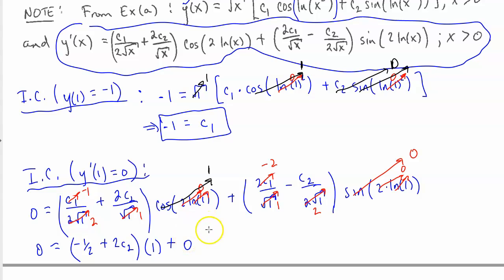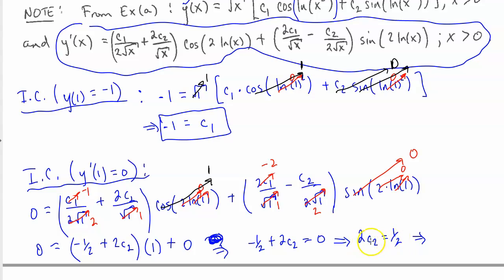And so what this basically tells us is that negative 1/2 plus 2c2 is equal to 0, which means that 2c2 is equal to 1/2.